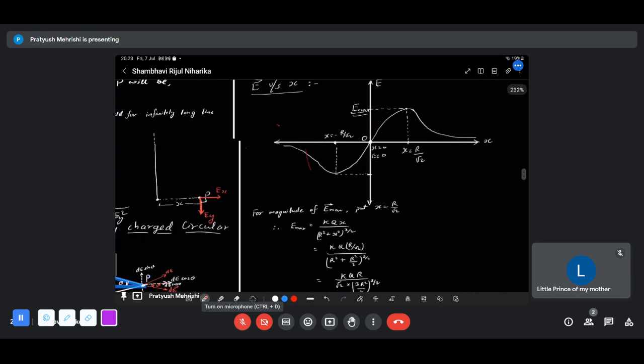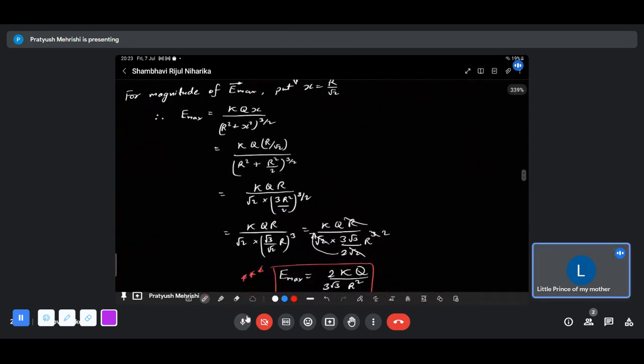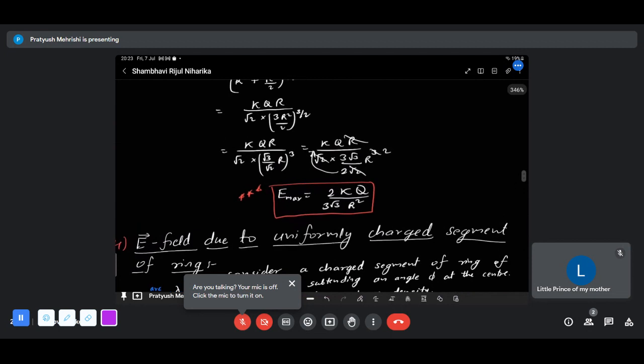Got it now? And what will be the magnitude of the maximum electric field? Just put x equals r by root 2 in the formula, and you will get the answer.